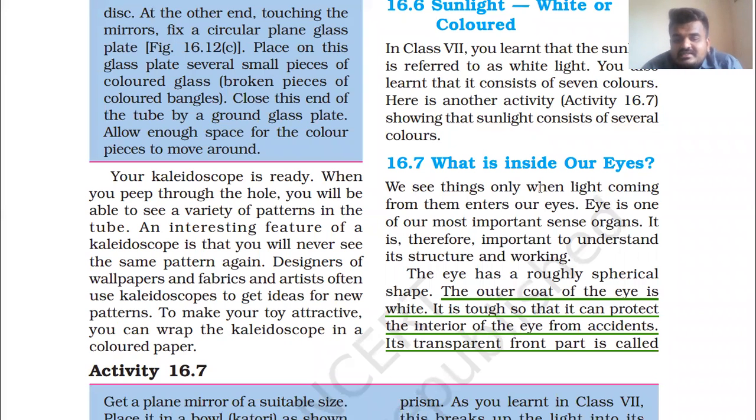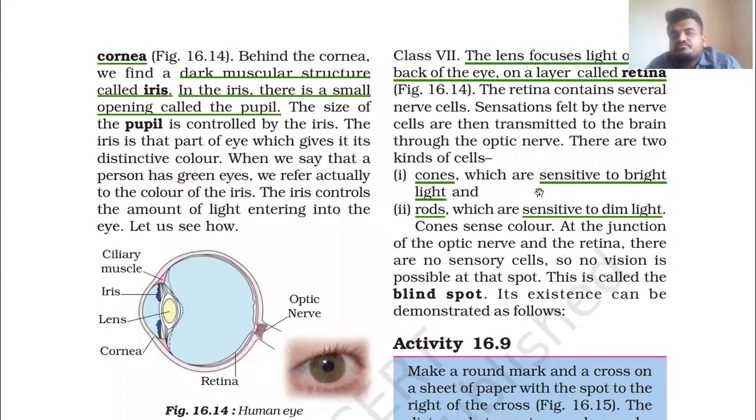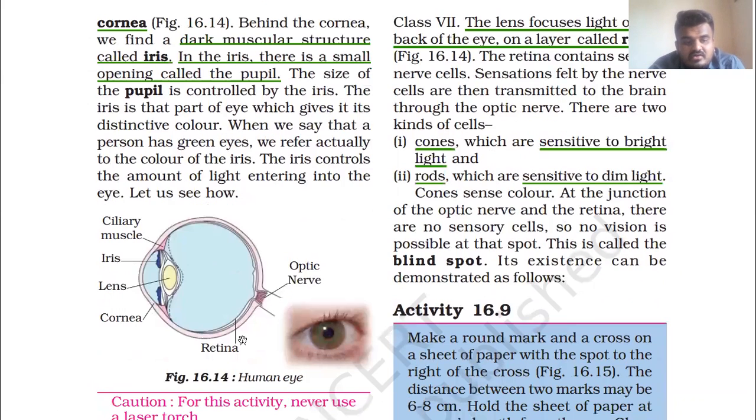Its transparent front part is called the cornea. This you are given in figure 16.14, that this part is the cornea. Behind the cornea, we find a dark muscular structure called the iris. We will see the function of the iris also.